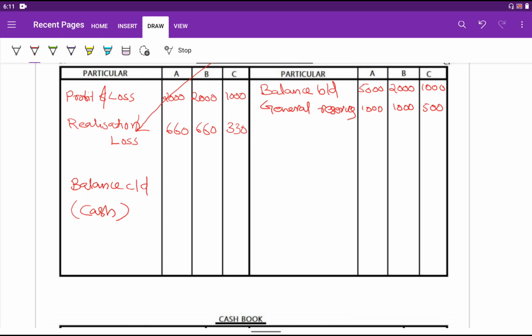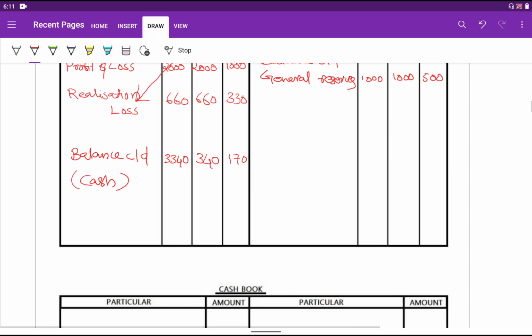So the balance for A is 6,000 minus 2,616, that is 3,314 balance for A, and 314 for B. For C it is 170. So this much balance we should give to partners.